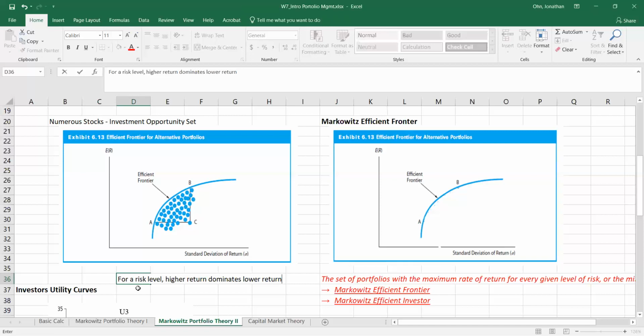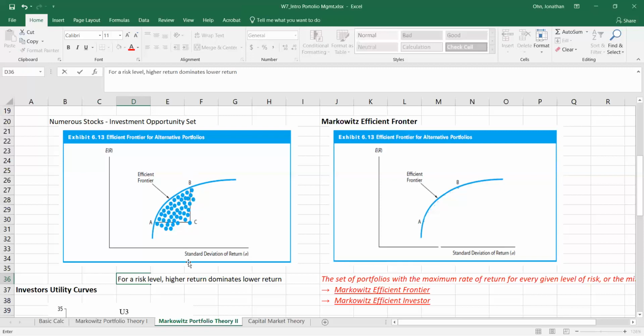Right? This is very common sense. It's a common sense idea. For a certain risk level, higher return dominates lower return. Of course. So look at this here. All possible combinations here, B dominates everything below there.